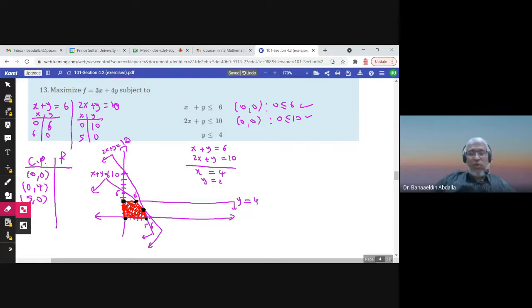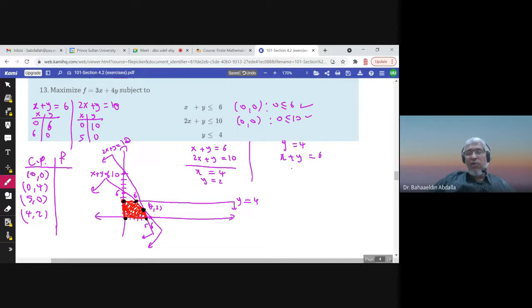So this point has coordinates (4, 2), if my graph is accurate. So (4, 2) is another corner point. And now this point, y here is 4. It is, in fact, the intersection point between y equals 4, this line, and the line x plus y equals 6.